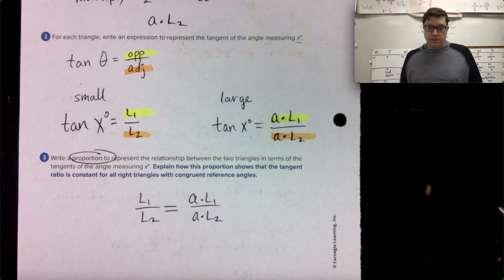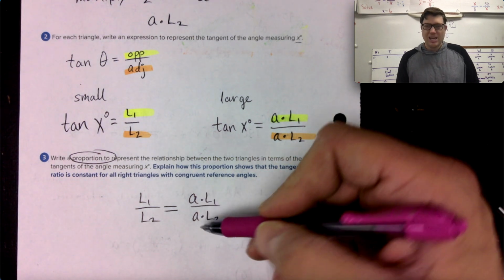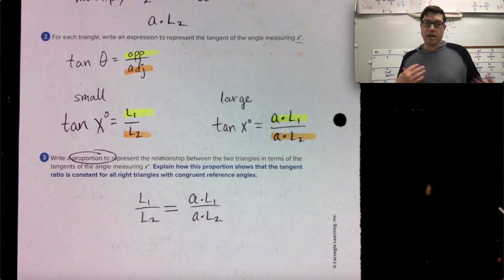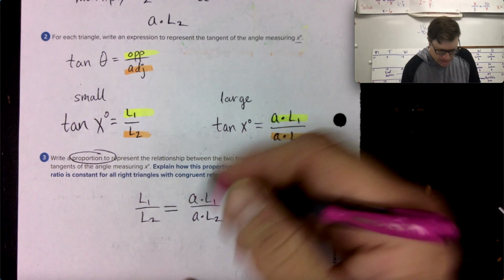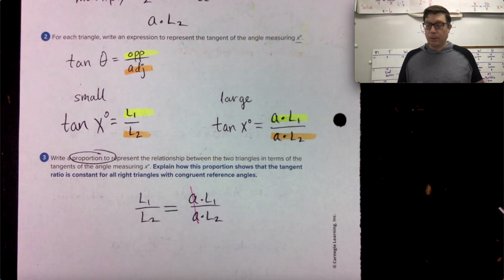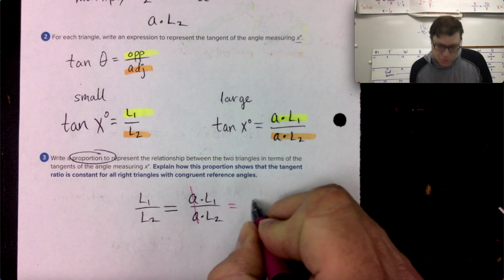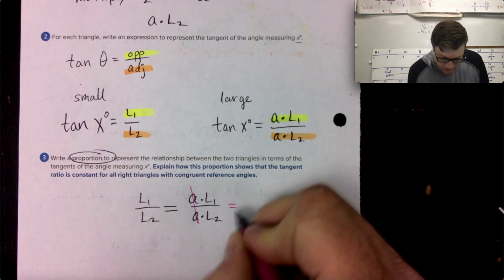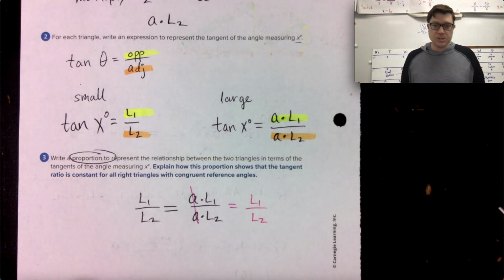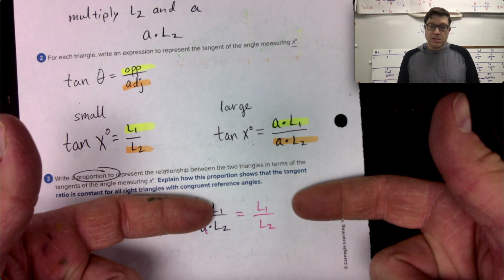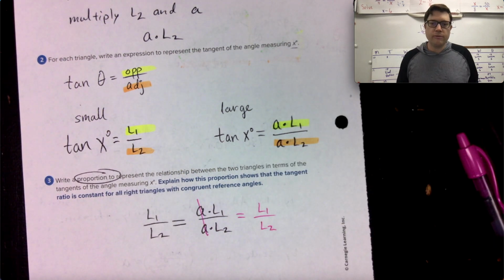Because A, the scale factor, is the same number in the top and bottom of a fraction, we can reduce it. So the A's end up reducing, leaving us L sub 1 over L sub 2. And that means these are actually all equivalent.